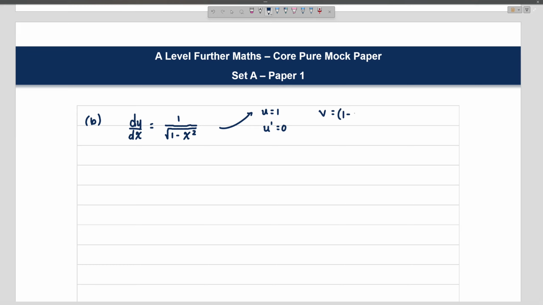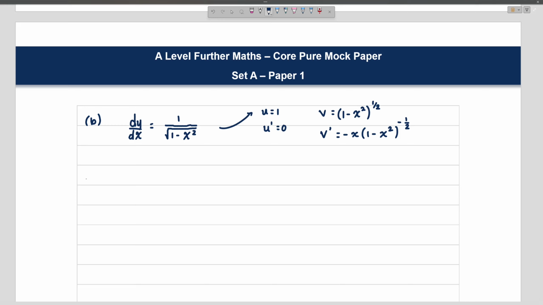And then for v prime, well, this would require the use of the chain rule. So the derivative of the inside of the bracket is minus 2x. So if I times it by half, then I just get minus x on the outside. And don't forget as well that we need to reduce this power by 1, to get 1 minus x squared all to the power of minus 1 over 2.